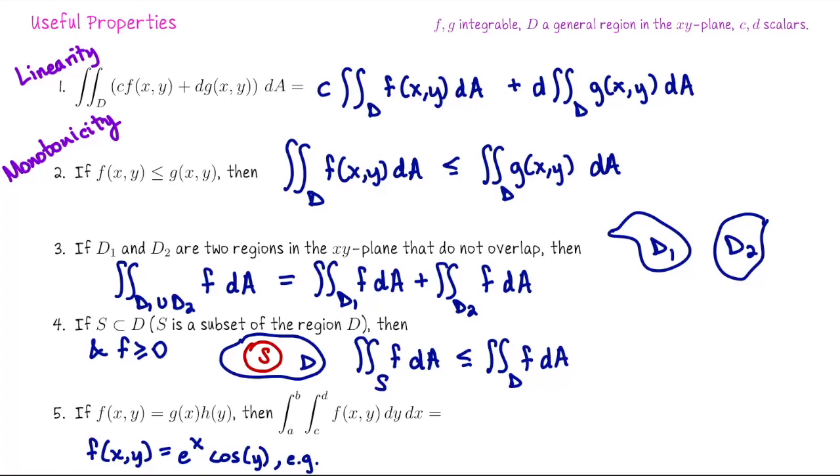So we can write the double integral of g of x h of y over this rectangular domain as the product of the integral from a to b of g of x dx times the integral from c to d of h of y dy.